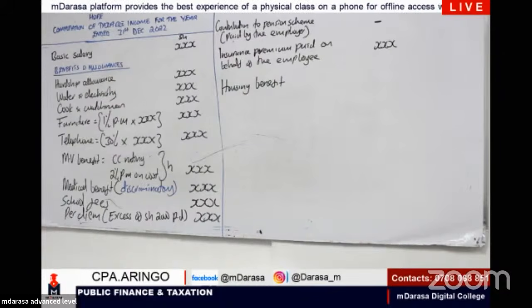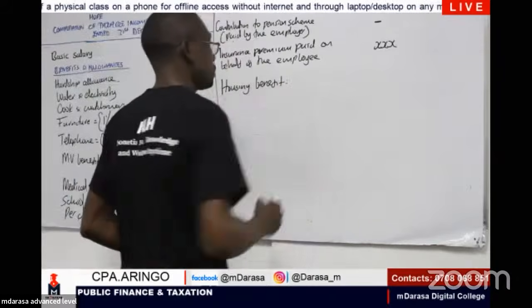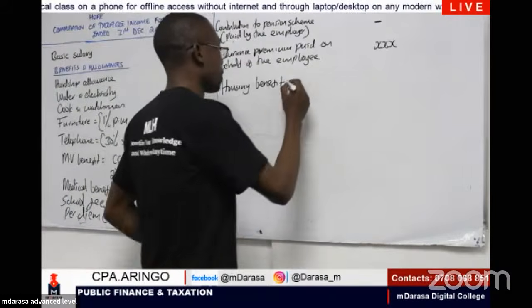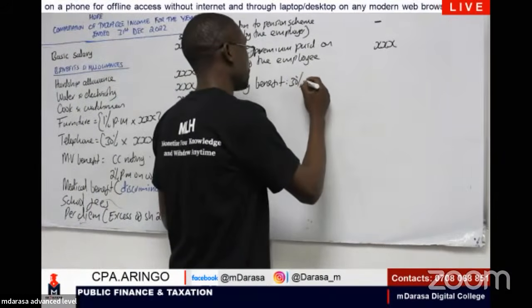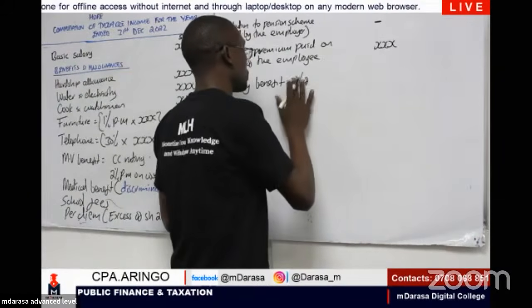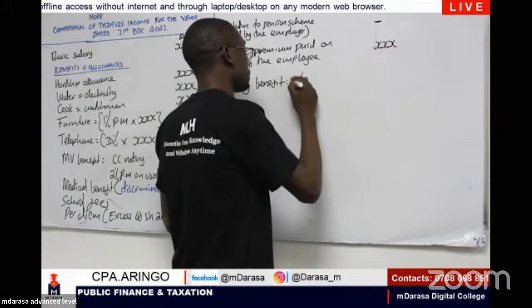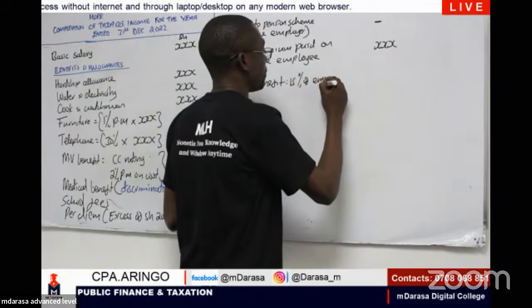That one will be very, very important for you to consider. So, housing benefit, this is what we mentioned. We take 15% of employment income.